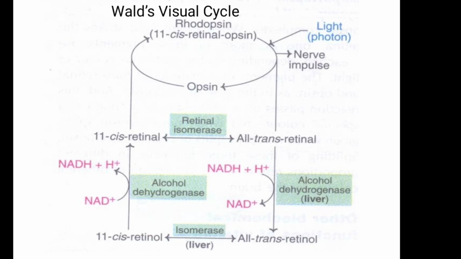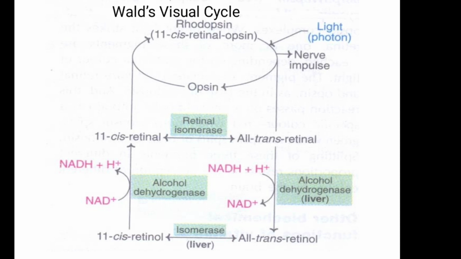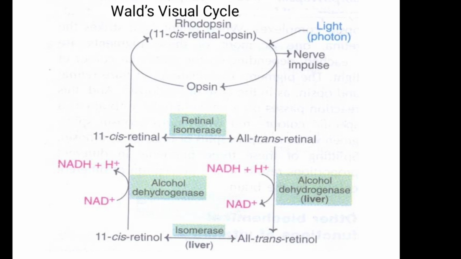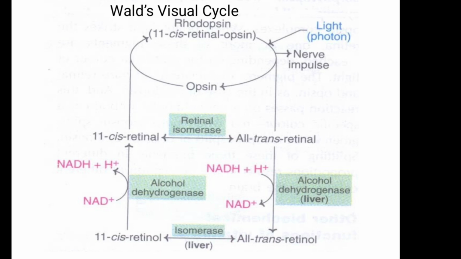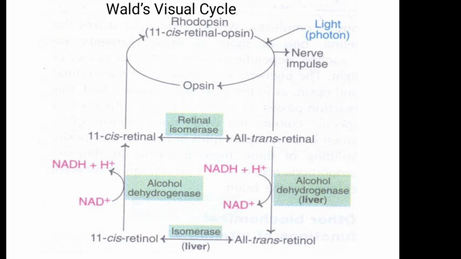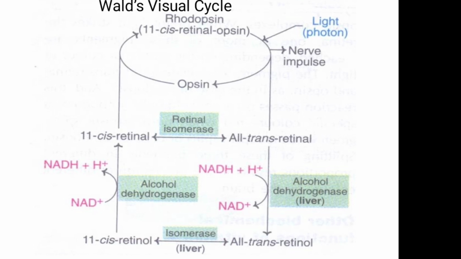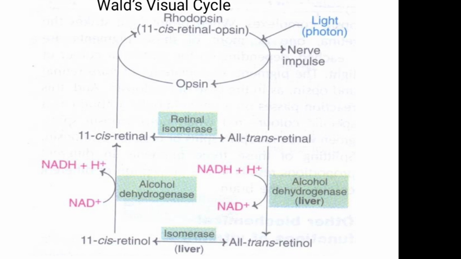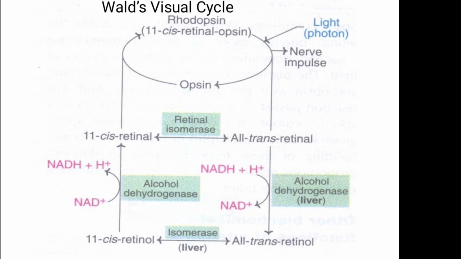Most of the all-trans retinol is transported to the liver and converted to 11-cis retinol and stored in the liver. Alcohol dehydrogenase is the enzyme. Retinol is transported to the liver and is converted there to all-trans retinol using the alcohol dehydrogenase enzyme.